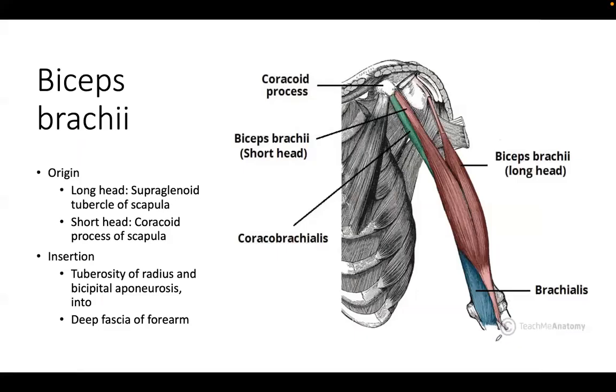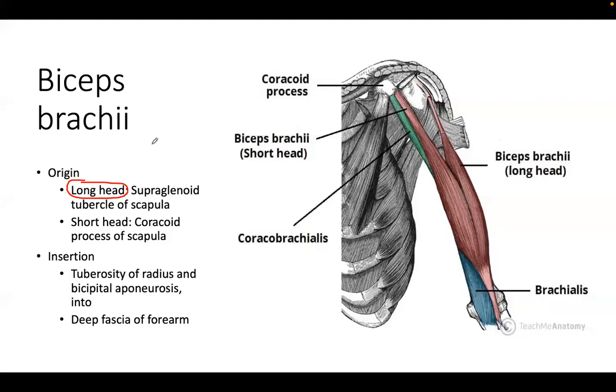Now, the biceps brachii has two very important heads. It would be prudent for every medical student to take note of the origin of these two heads because it's different.